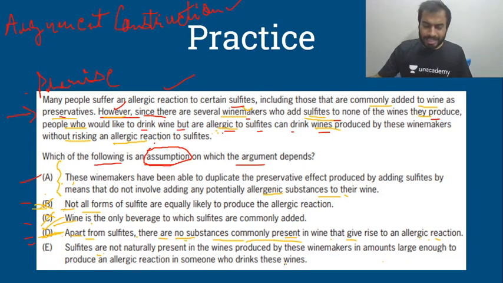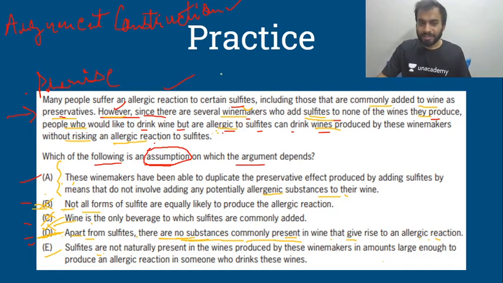Now, I landed at D, right? I landed at D, but now even E is looking like something very, very important to consider, because if you were to focus on D, you would realize that it is talking about other substances.